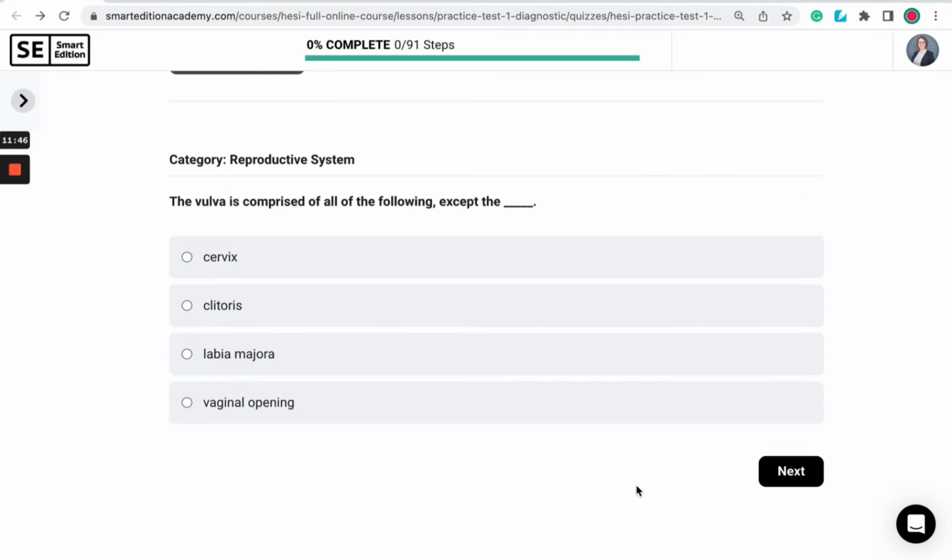The vulva is comprised of all of the following except the cervix, clitoris, labia majora, or the vaginal opening. So the correct answer here is the cervix.